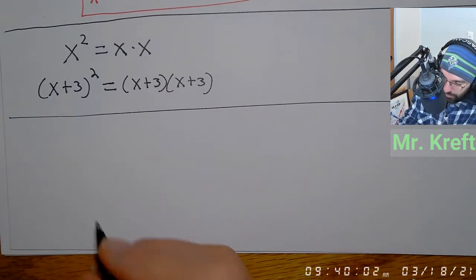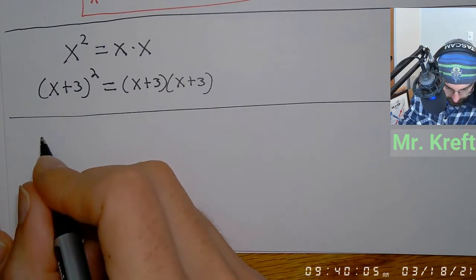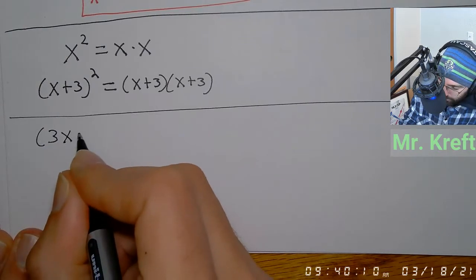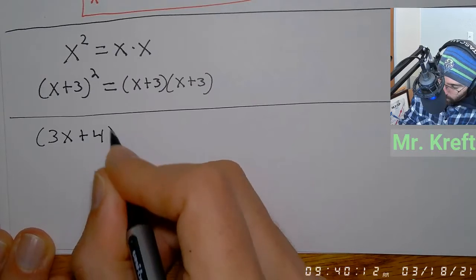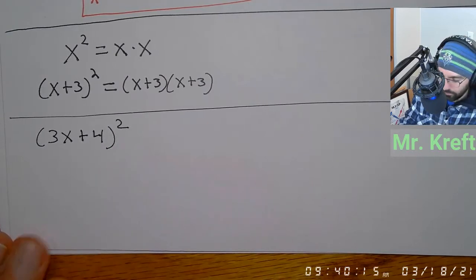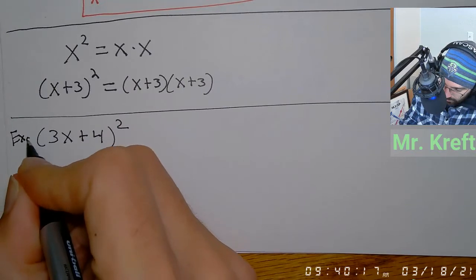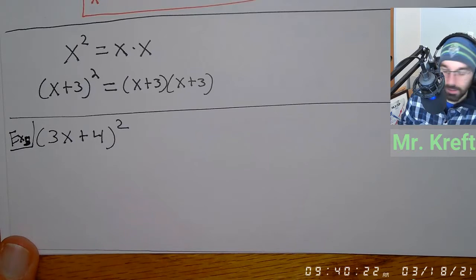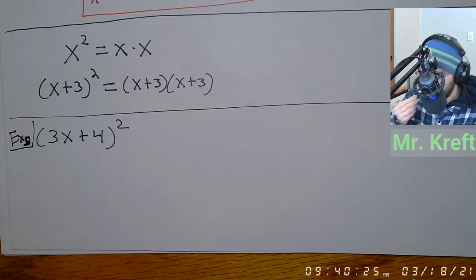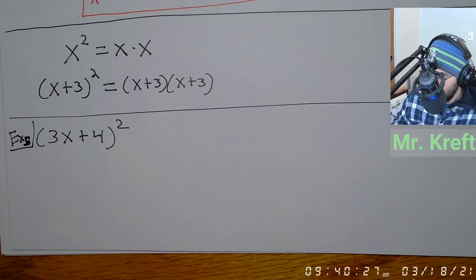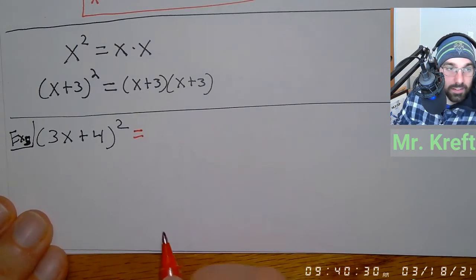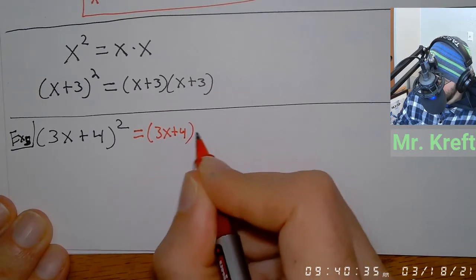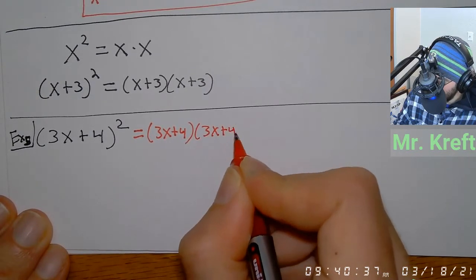So let me do one problem with you, and then I'll have you guys try one. So let's say I have 3x plus 4 quantity squared. So example 5 right here. Okay. Then you might remember, hey, this is the same as 3x plus 4 times 3x plus 4.